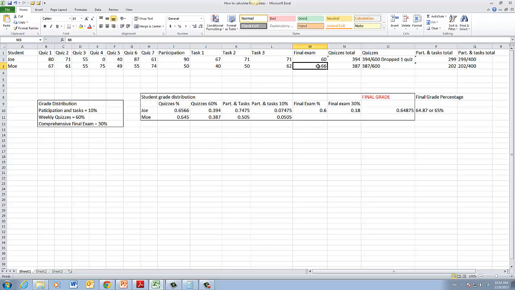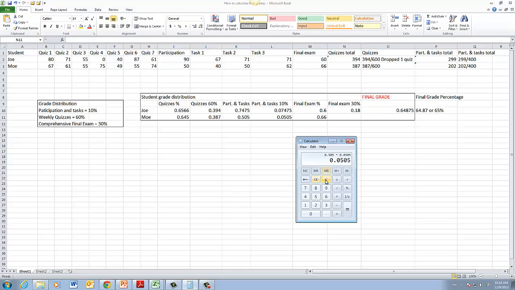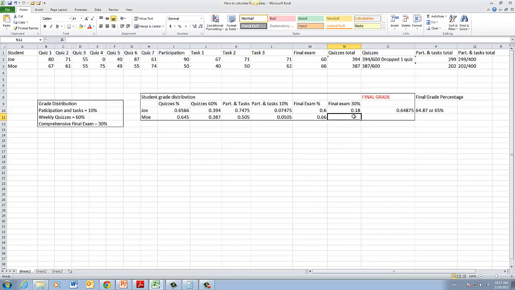And then the final exam grade for Mo is 66. Let's convert that into a decimal. So it's 0.66. And so we simply need to take 0.66 multiplied by, remember the final exam is 30%, and that's 0.198.